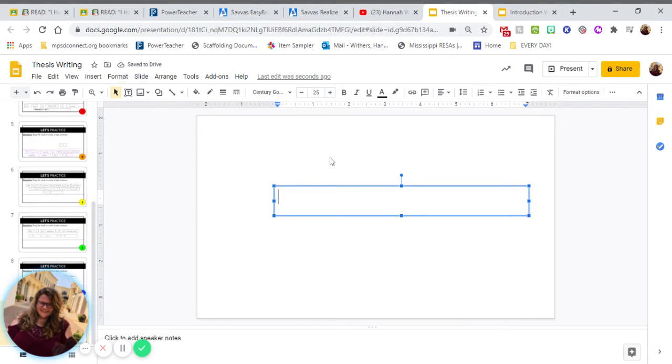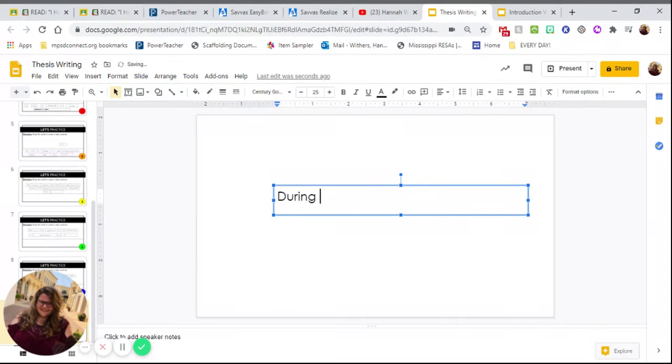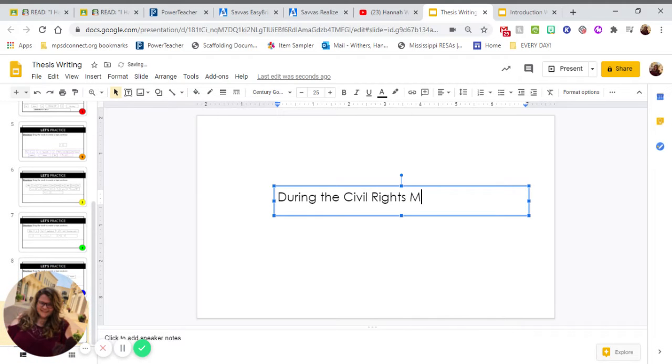Okay. So our question is going to be, during the civil rights movement, how did words create social change? Does this sound familiar?